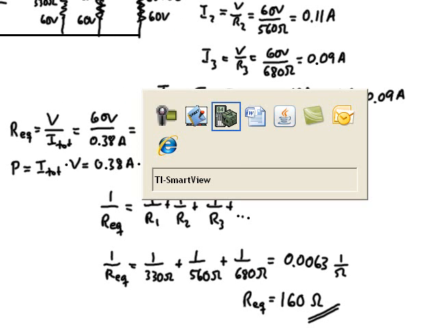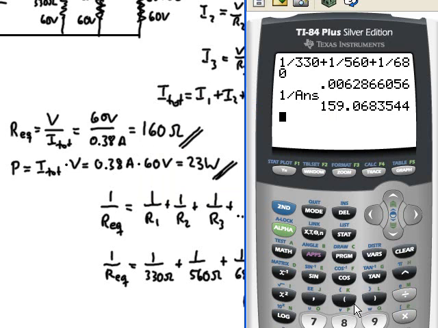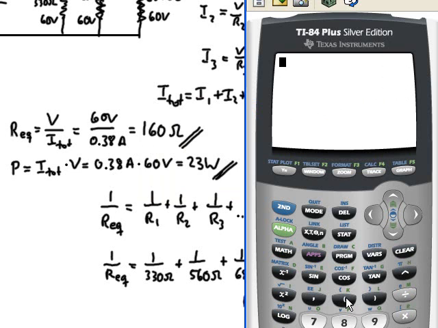Let me just show you on a graphing calculator the way I usually do it. I open the parentheses, I type in my first resistance, and I know where the button is for the -1, which is invert my number.